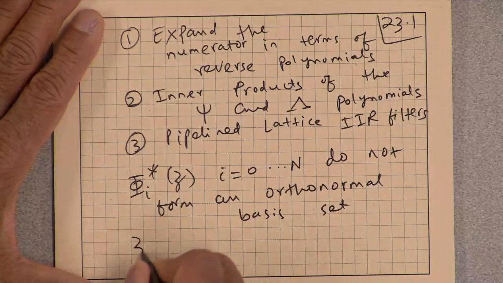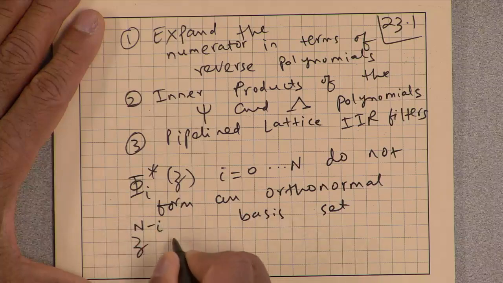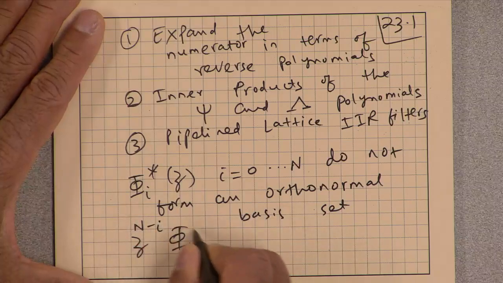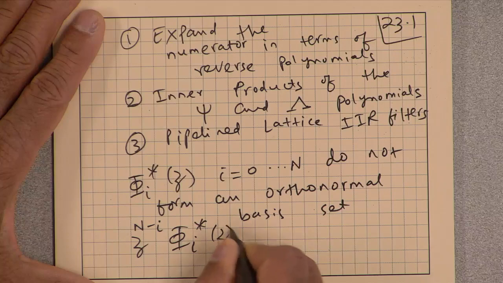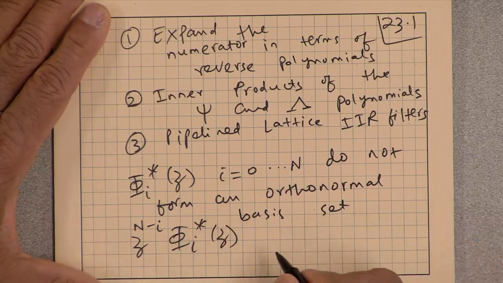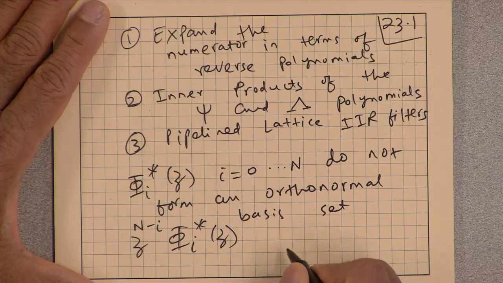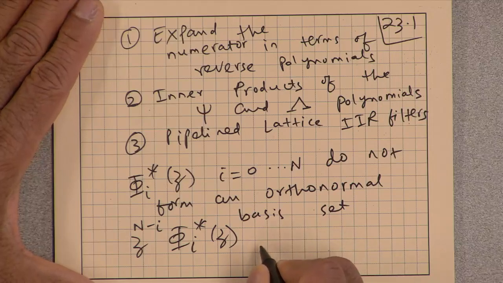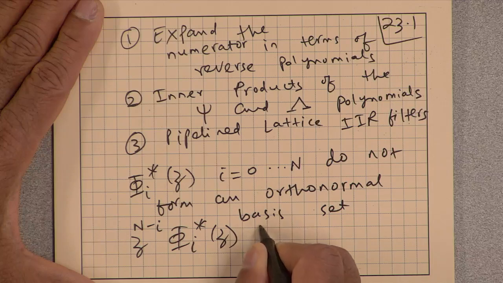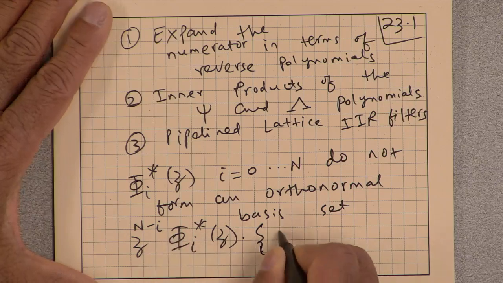However, z to power n minus i phi i star, let me write down, if i is equal to n, then that's p n star.